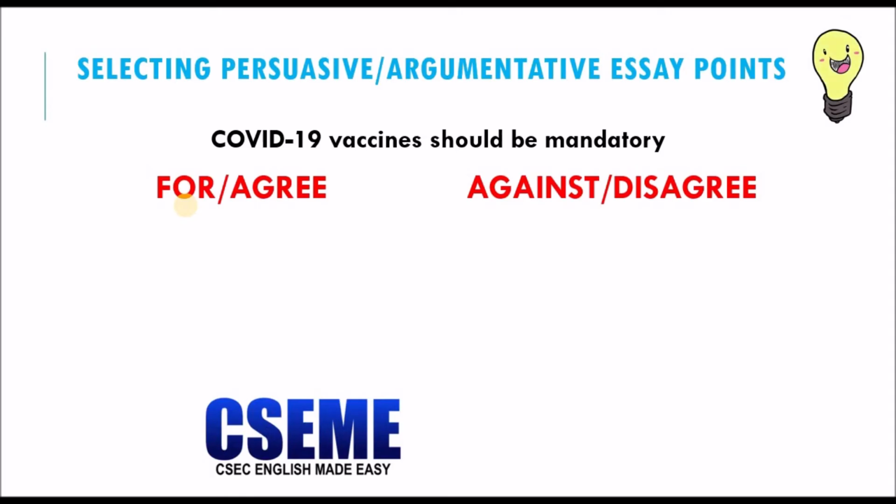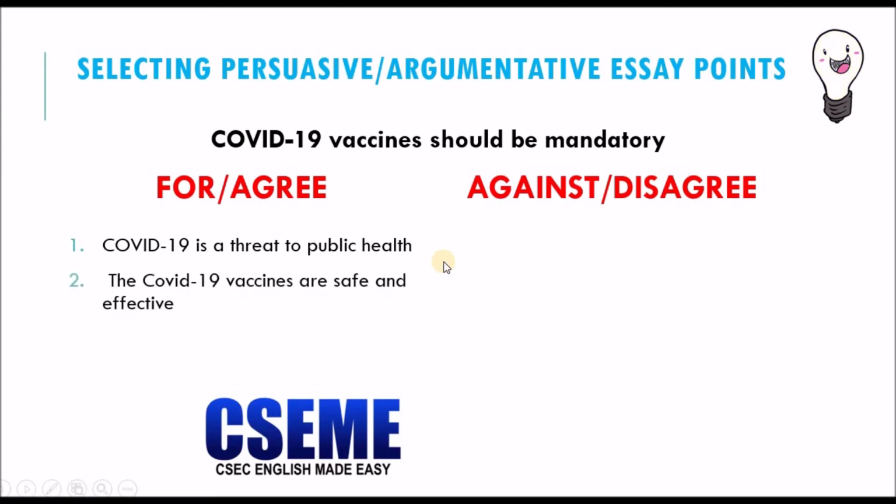These are the reasons that you're going to list as the points for your argument. So let us see. You can say that COVID-19 is a threat to public health, and because it is a threat, vaccine should be mandatory. That could be one argument.